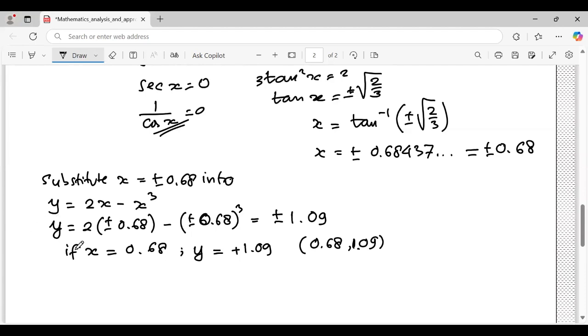And if x equals minus 0.68, y equals minus 1.09, and the coordinate point is minus 0.68, minus 1.09. Okay, that is for the sketch.